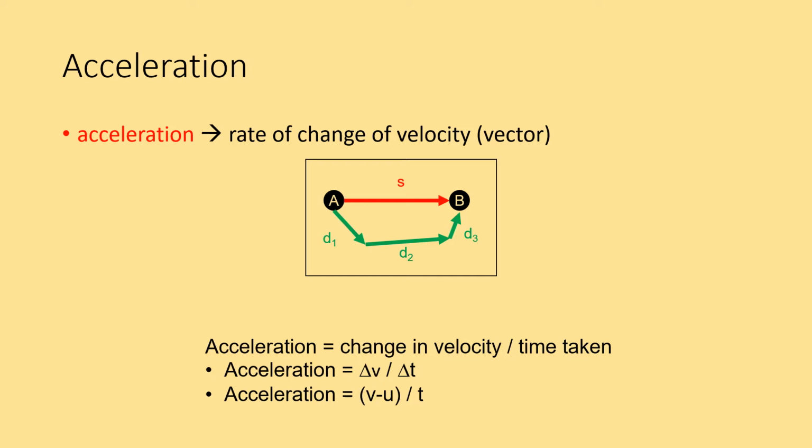So we use two different letters for velocity. We use U for the initial velocity and V for the final velocity. If you're wondering why we use U and V, V is velocity, but U comes before V in the alphabet. So V is your velocity, and U is the velocity you had before that.